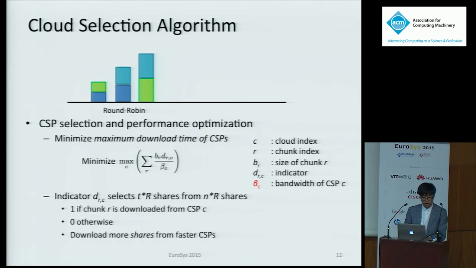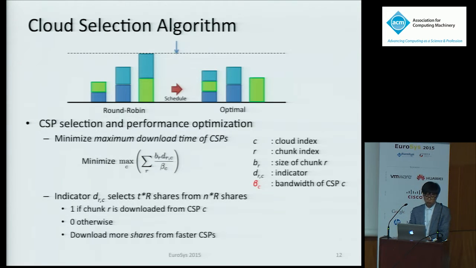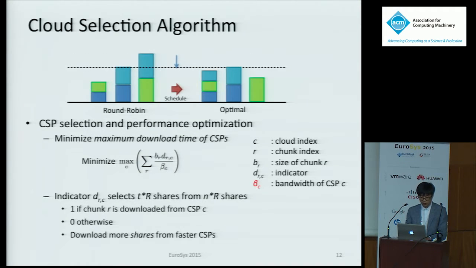Detailed proofs are presented in the paper. In short, we use the bandwidth of CSPs as an input and decide this indicator D to download more shares from the faster CSP.